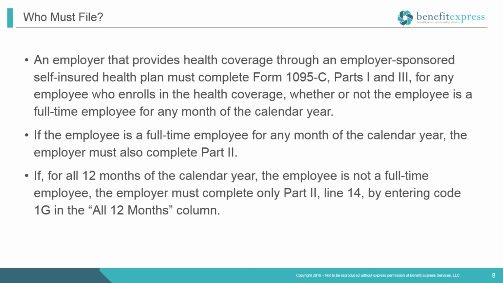But if they're a full-time employee for the employer mandate purposes, they will have to complete Part 2, because that's where the employer mandate comes in to show what was offered to the employees that were full-time for the employer mandate during the year. Now, if for all 12 months of coverage the employee is not a full-time employee and they're covered with a plan, there's a special code 1G for all 12 months. That's for retirees or anybody on COBRA.